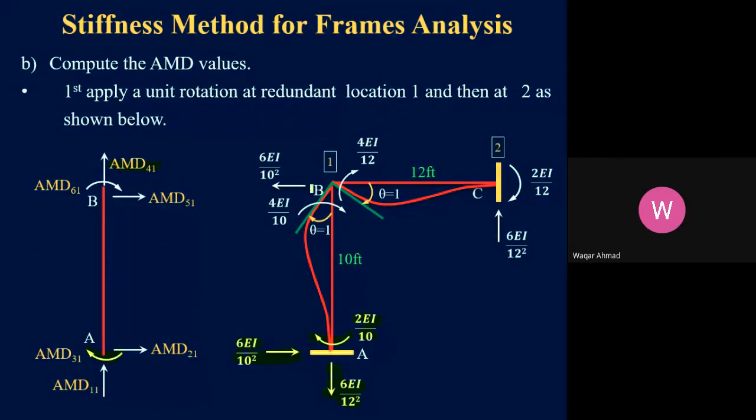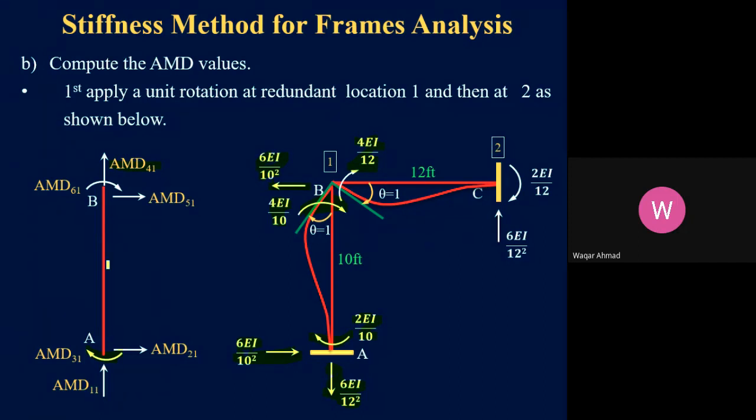What will be the value of our AMD51? So this will be this one, and it should be negative because it is opposite to the assumed direction of our AMD51. And AMD61 is clockwise. Now here I don't need to take this value of 4EI/l with this. Why? Because 4EI/l is in member BC, and I am considering only my member AB.